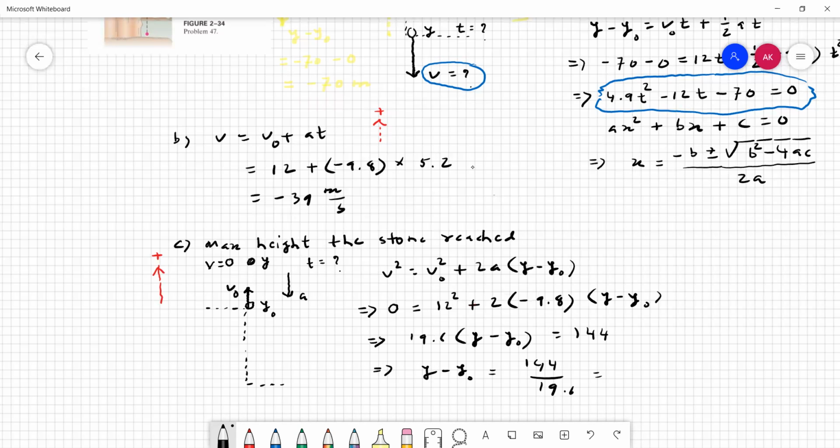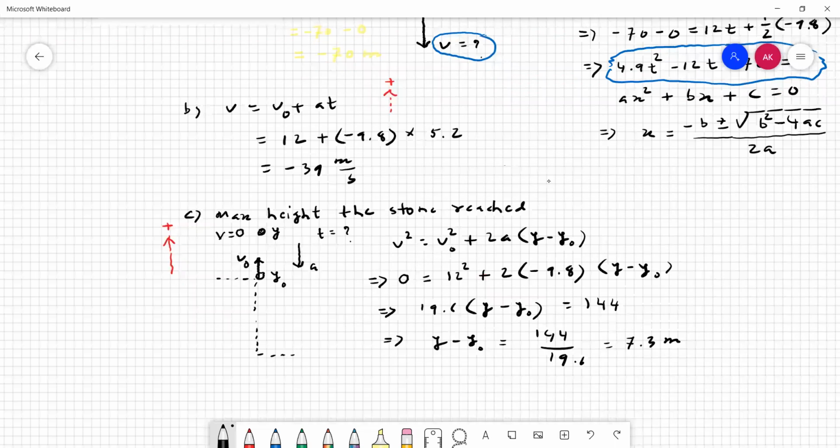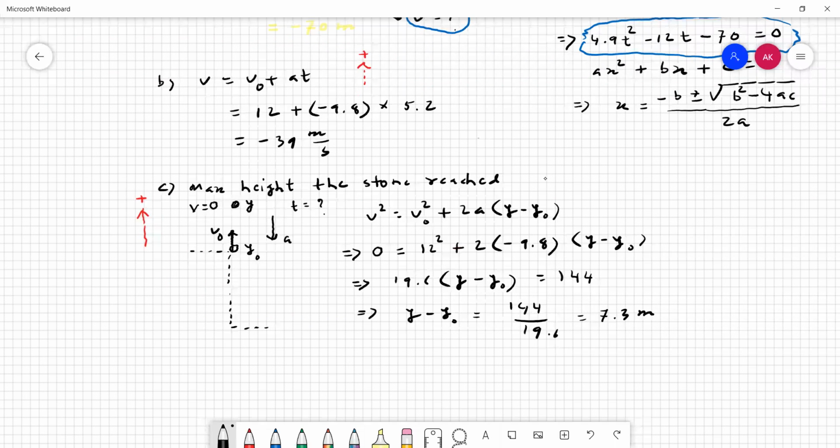How much do you get? 7.3. 7.3 meters. Okay. Note that we are asked to find the total distance traveled by the stone. So 7.3 meters is from the top of the cliff in the upward direction to the maximum height.